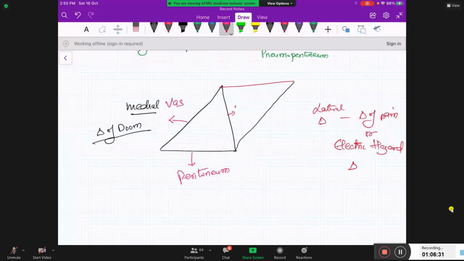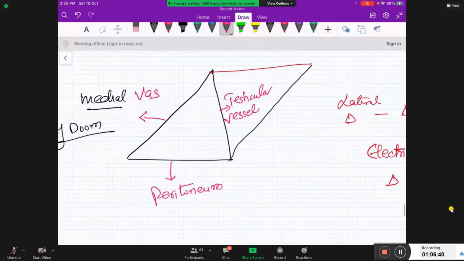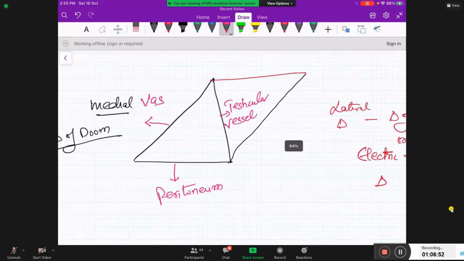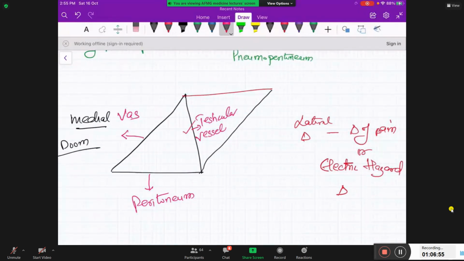The lateral boundary is formed by the testicular vessel. In the triangle of pain or electric hazard triangle, the medial wall is formed by testicular vessel, the base is formed by iliopubic tract, and the lateral wall is formed by peritoneum again.